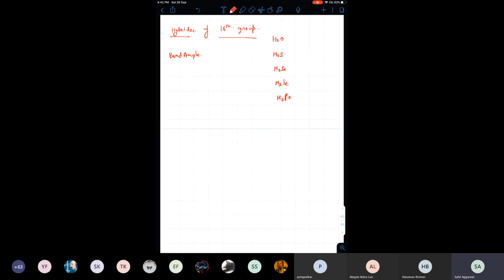Bond angle will increase or decrease down the group? This also we have done in group 15.